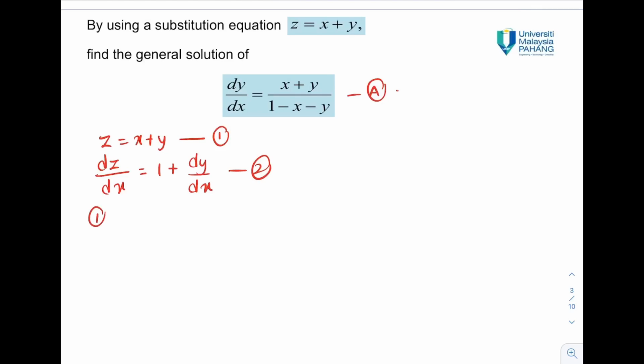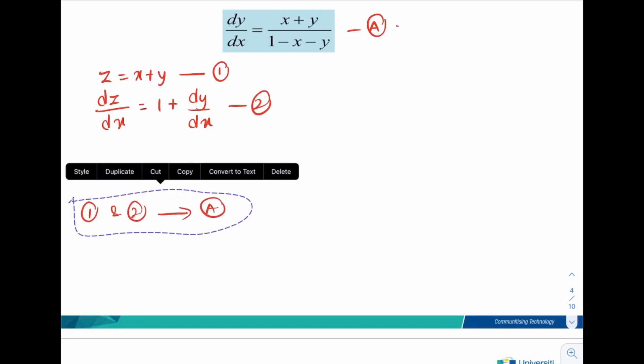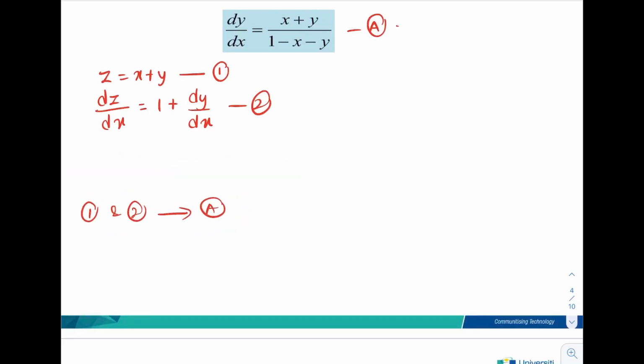And then substitute equation 1 and equation 2 into equation A. Clearly we have to manipulate a bit. So we know that dy dx equals to dz divided by dx minus 1.